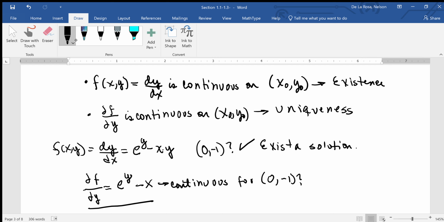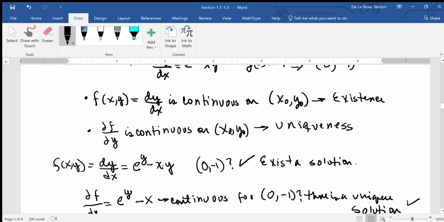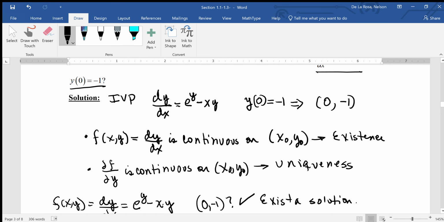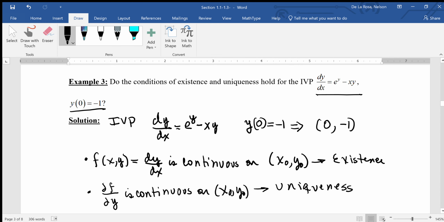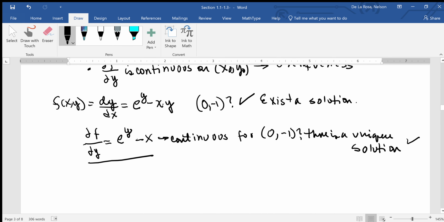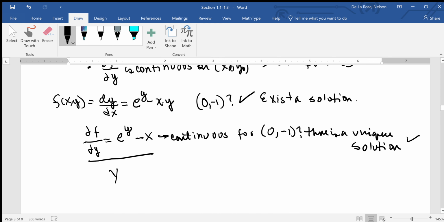So there is a unique solution. Okay, so going back to the questions, do the conditions of existence and uniqueness hold for the initial value problem? The answer is yes.